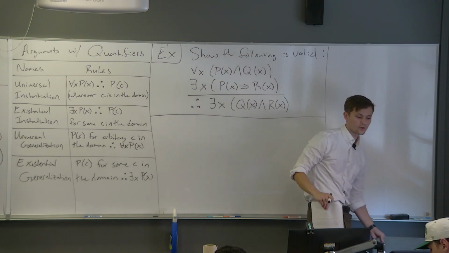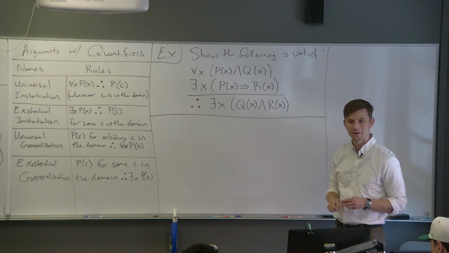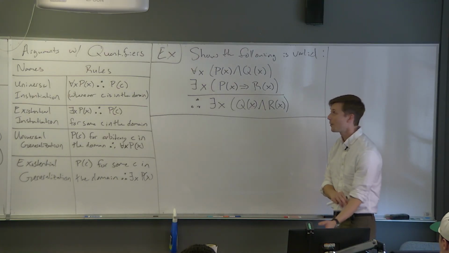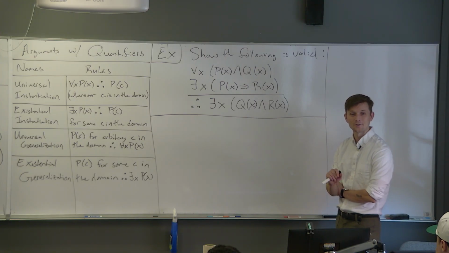So, if we want to go through and show that this is valid, what are we going to do? Okay, maybe before we start doing that, let's think about what this is saying. Let's make sure that this mess of symbols, this sea of notation, actually appears intelligible if read.